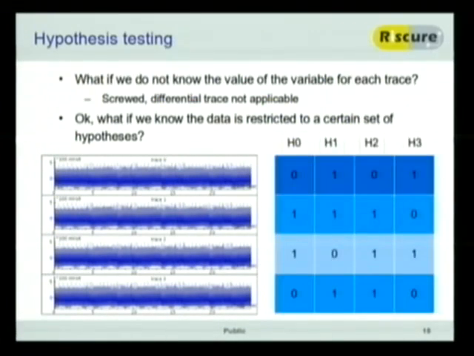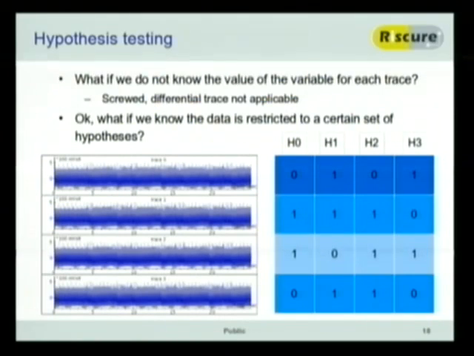So, for instance, let's say we've taken, well, in this case, 4, but n traces, and we know that the data is either 0, 1, 1, 0 for these traces, or it's 1, 1, 0, 1. It's in one of the hypotheses. Then we can actually just calculate the differential trace for each of these, and I'll show you what the effect is. Because basically, we presume that one of the hypotheses is right.